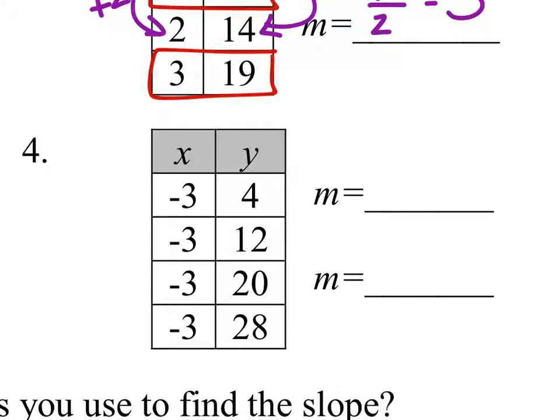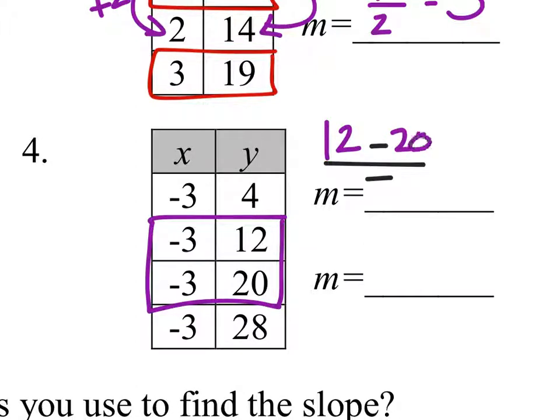Again, we'll use the equation on this first one. So this is a subtraction right here. What 2 points do you want to use on this one? Let's use the middle 2. We haven't tried that yet. So the first y value, I got a 12, and the second one I'll make it a 20. And then I got 2 x values, -3 and -3.